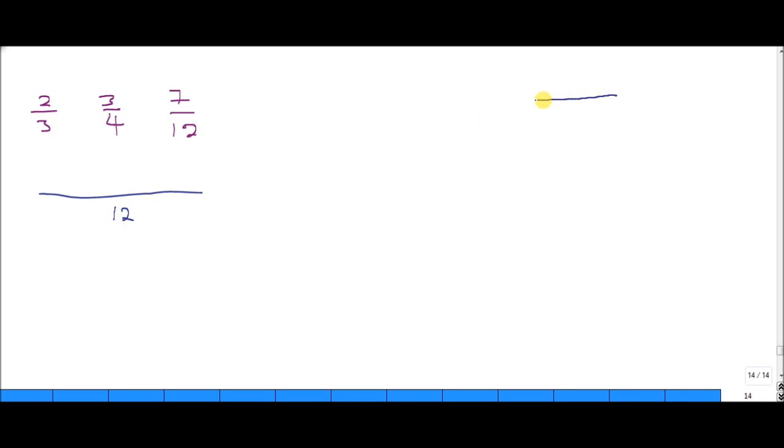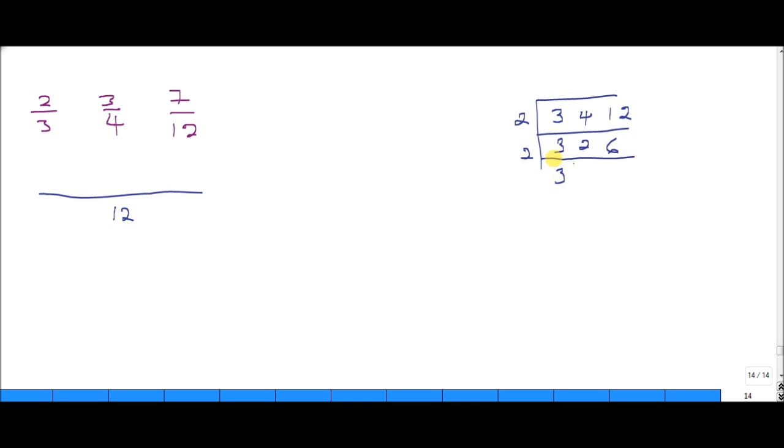Let's prove this again. 3, 4, and 12, starting with 2. 2 cannot go into 3 without leaving a remainder, so right back 3, 2 can go into 4 2 times, and 2 can go into 12 6 times. I'll continue with 2.